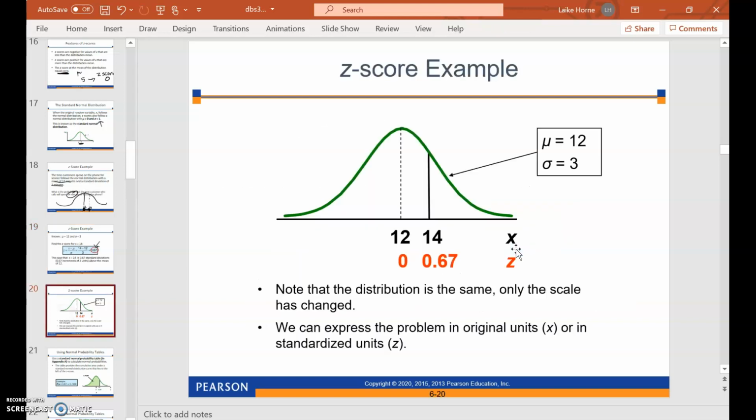All right, and here is the actual graph that I was talking about. You can see the mean and the x value. Now the mean becomes 0 and the z-score becomes 0.67.